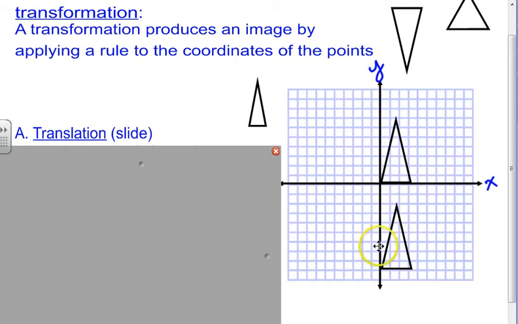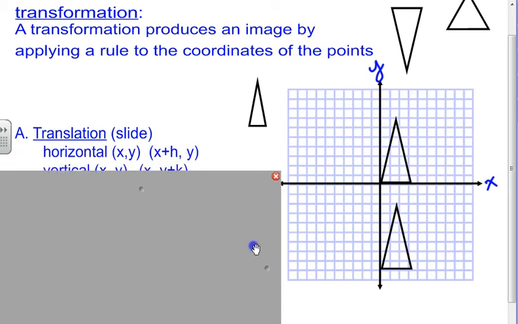So it's still at 0, but we're now at -9, right? So what did we do to the 0, 0 to get to 0, -9? You just subtracted. So translating a figure is adding or subtracting to the coordinates.